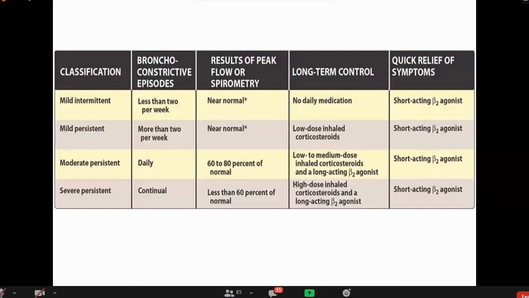So if a patient is on methylxanthine theophylline prophylactically or as long-term control medication, we have to continuously monitor the blood level of this drug. Practically, this is very difficult if a patient is taking the drug and at the same time has to monitor his or her blood level. That is why nowadays we replace this methylxanthine group with leukotriene receptor antagonists.